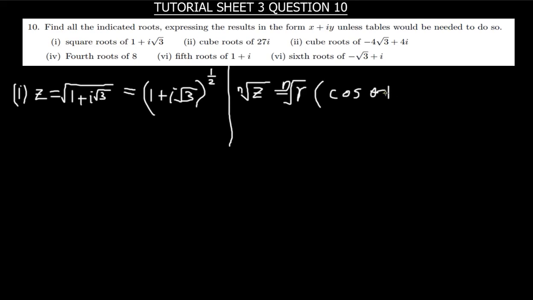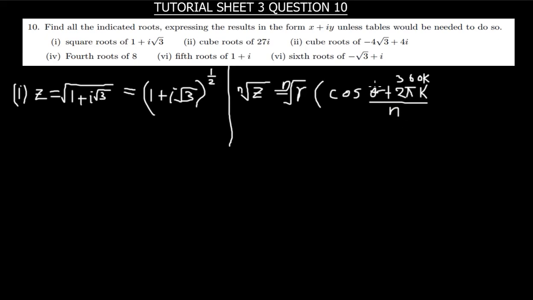Then plus 2 pi k. If you don't want to use 2 pi, you can use 360k. You can put 360k or 2 pi k, depending on the angle that you have chosen to use, whether it's in radians or in degrees.